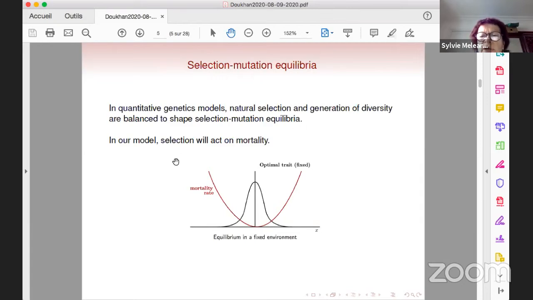And so there is a balance between the mutation, which creates variability, and the selection, which usually imposes some mortality conditions. Okay. So it's good, I think, to keep such a sort of picture in mind.